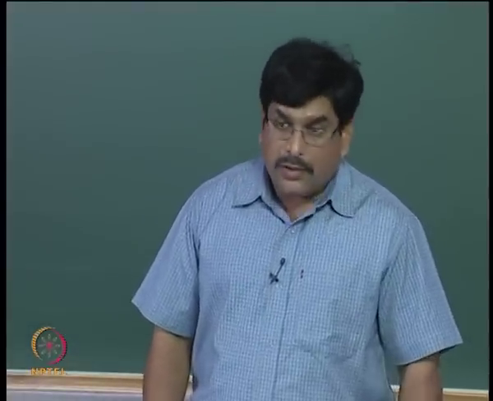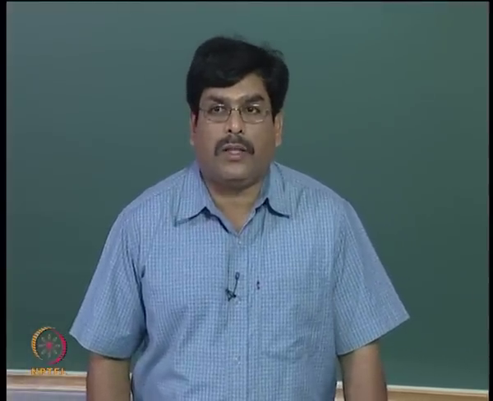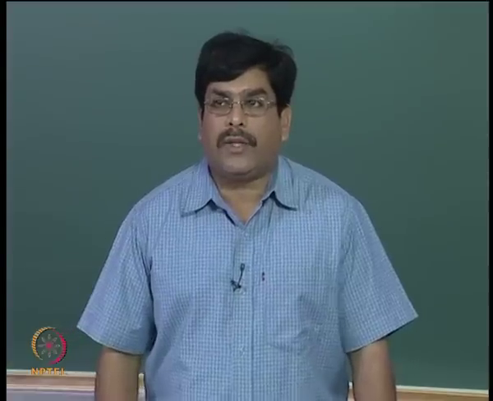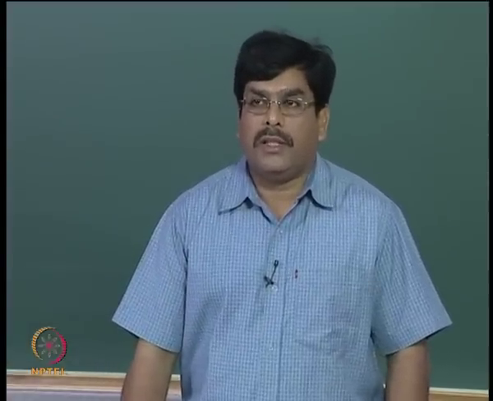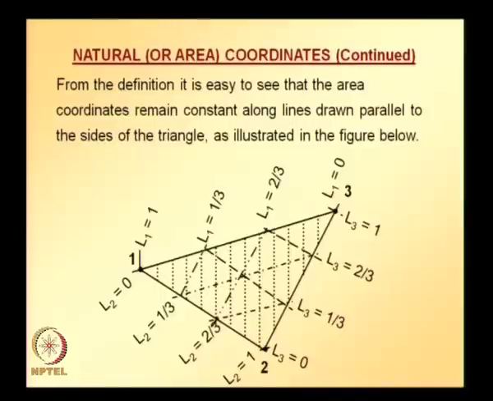So, now the procedure for deriving shape functions for triangular elements is based on this concept of area coordinates or natural coordinates. The shape function formula, that we are going to look at in a while, requires each node be represented by three subscripts related to L1, L2, L3 values at each node.